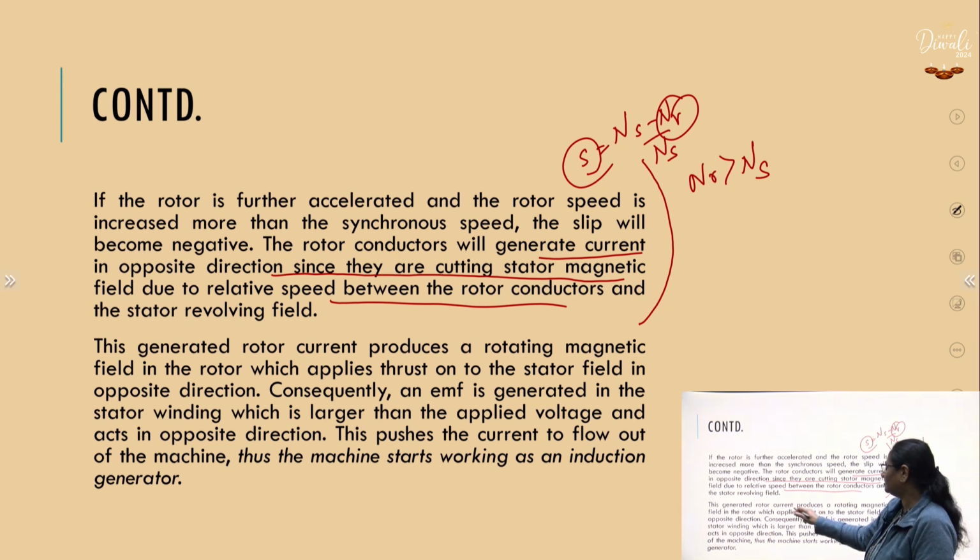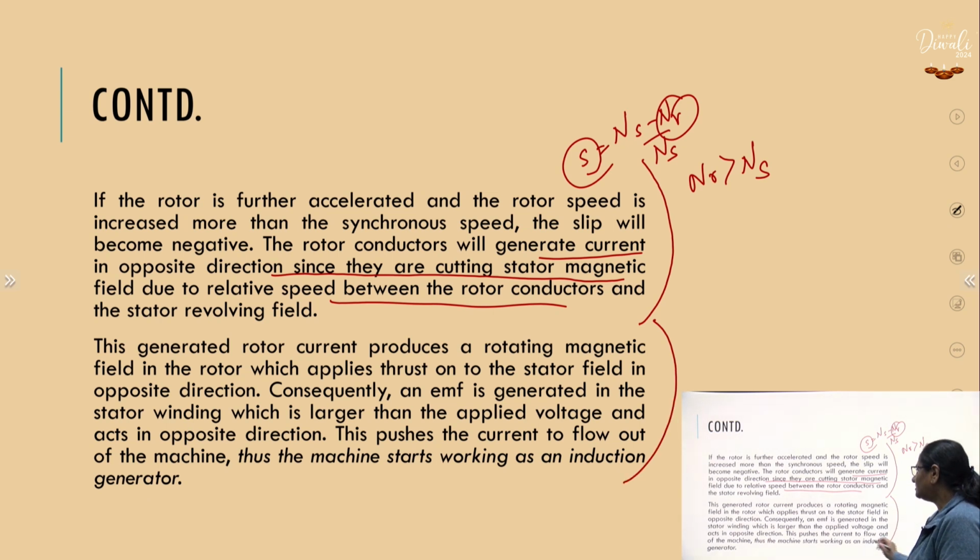This generated rotor current produces a rotating magnetic field in the rotor which applies thrust on the stator field in opposite direction. So consequently, an EMF is generated in the stator winding, and this EMF is larger than the applied voltage and it acts in opposite direction.